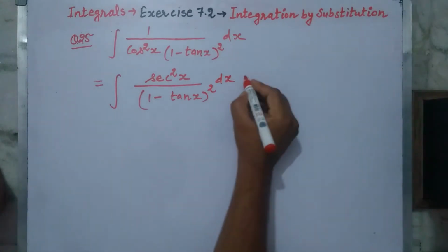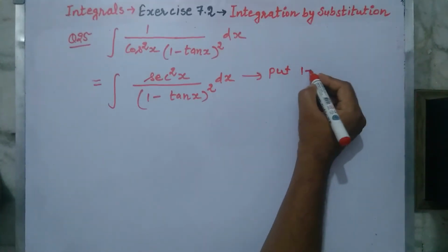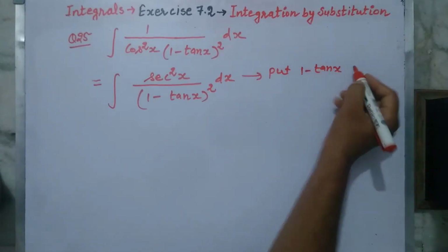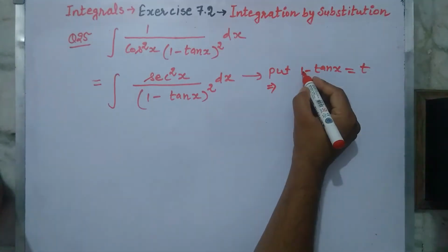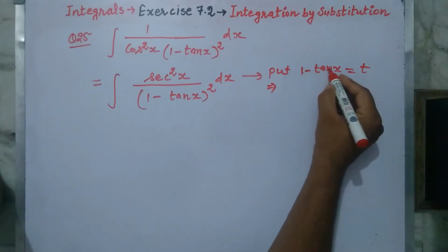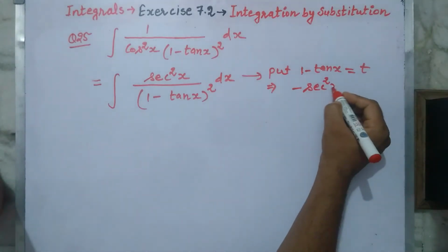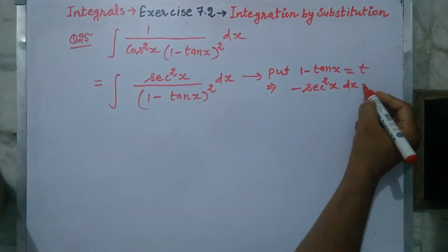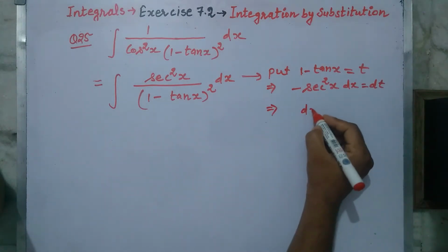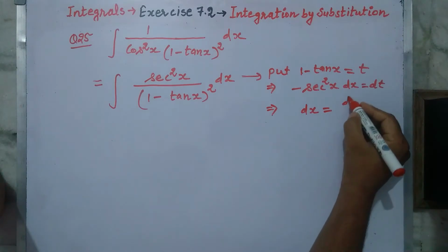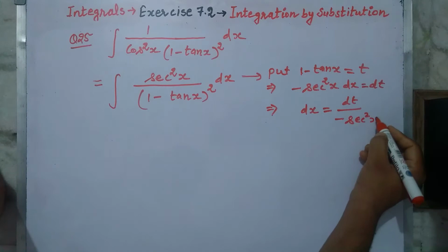Now put 1 minus tangent x equal to t. Differentiating, the derivative of 1 is 0, minus tangent x has derivative minus secant square x into dx equal to dt. So we can write dx is equal to dt upon minus secant square x.